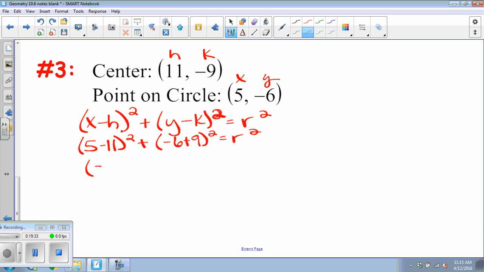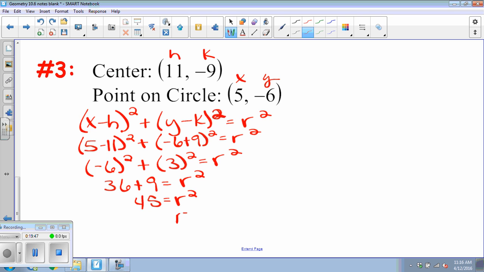So it's -6 squared plus 3 squared equals r squared. So it's 36 plus 9 equals r squared. So 45 equals r squared. So r equals the square root of 45. Leave it like that, because when you plug it into your general form, you'll have to square it, and it'll just be 45, equal to 45.